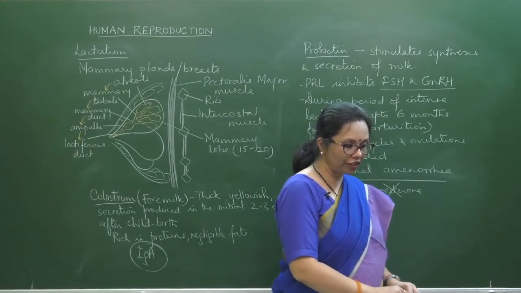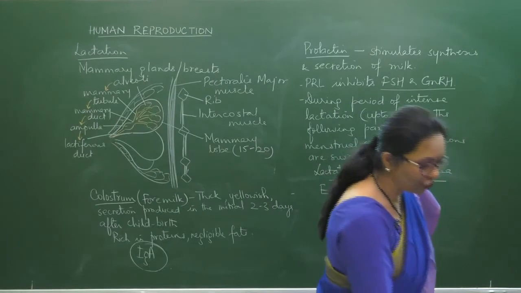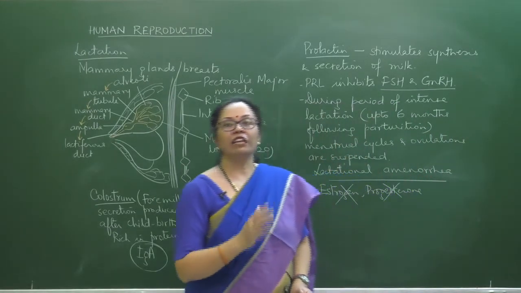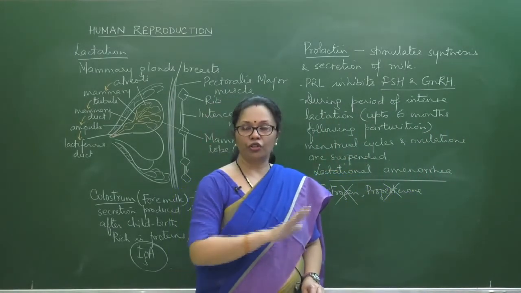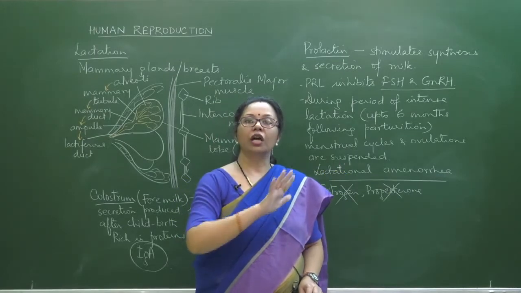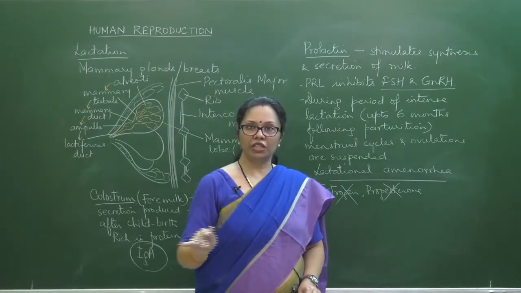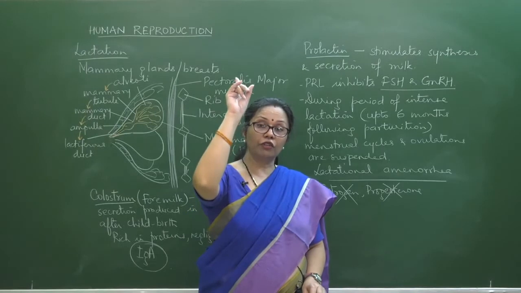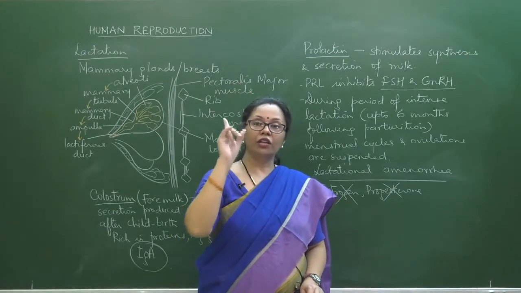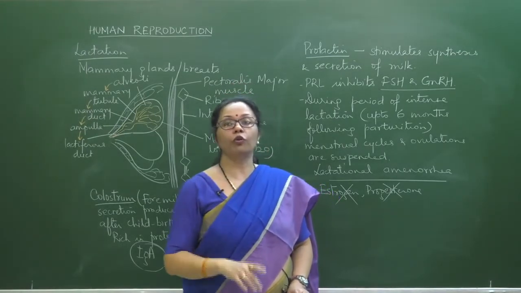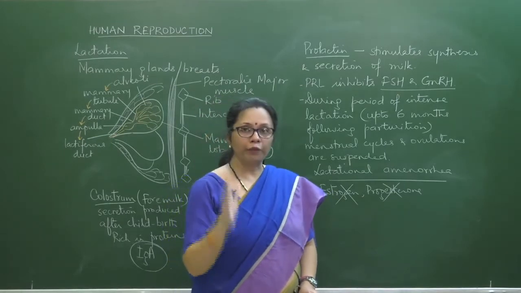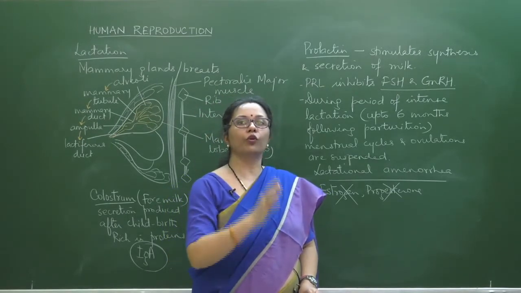Shubham is still giving the answer, they can coexist. No, you see, even in a non-pregnant state, prolactin is never secreted. It remains inhibited by the action of, remember, PIH. PIH, that is prolactin inhibiting hormone coming from the hypothalamus, keeps the hormone inhibited.